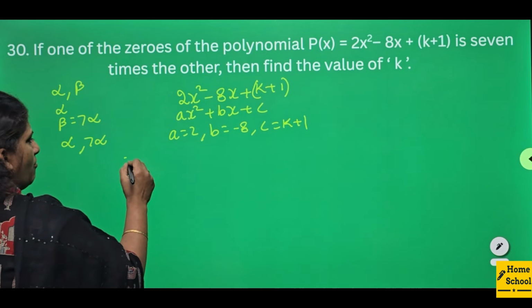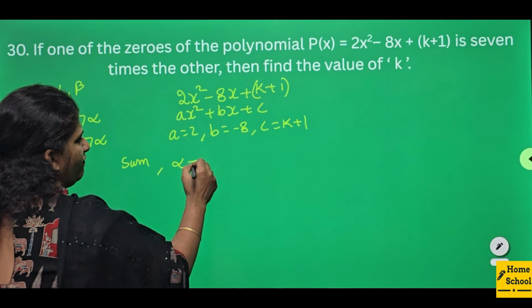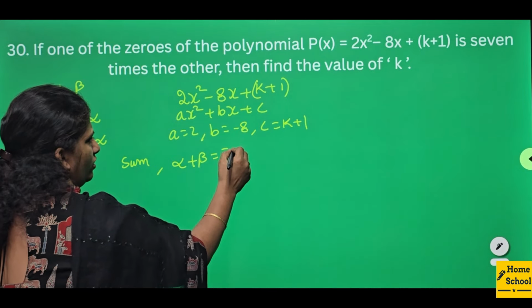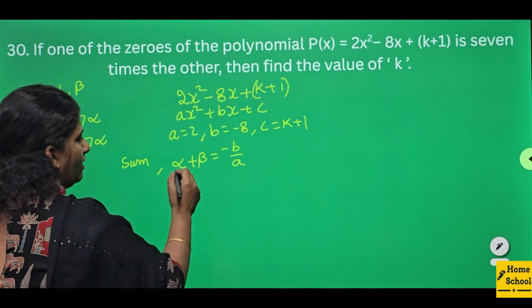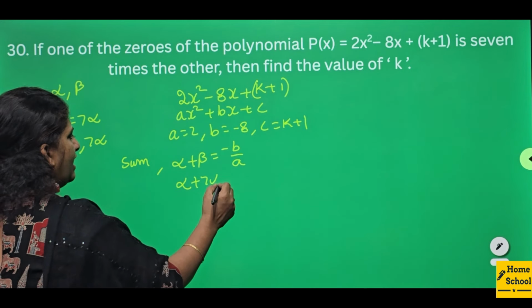First, sum of zeros. What is sum of zeros? Alpha plus beta is equal to minus b by a. Alpha is alpha, whereas beta is 7 alpha.